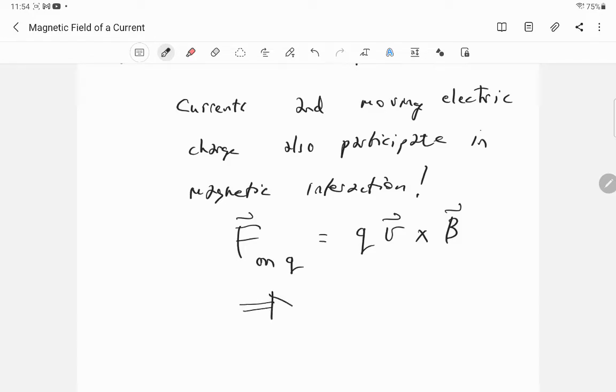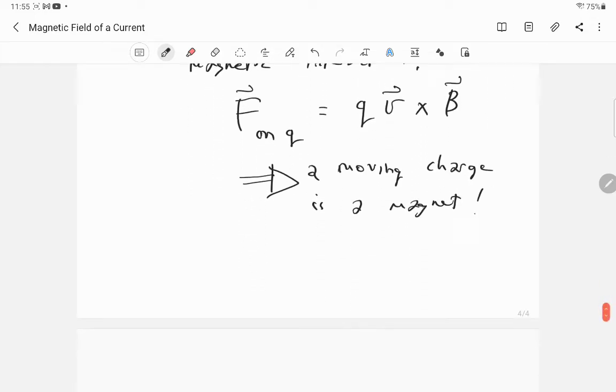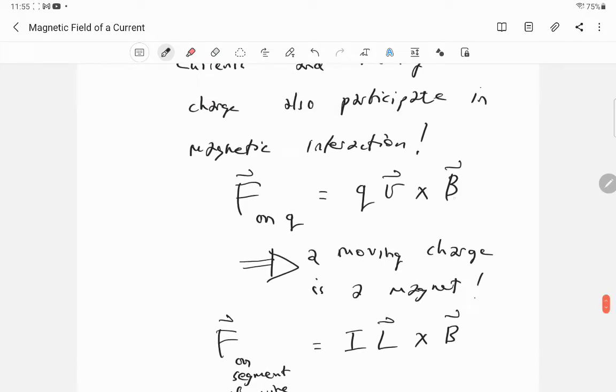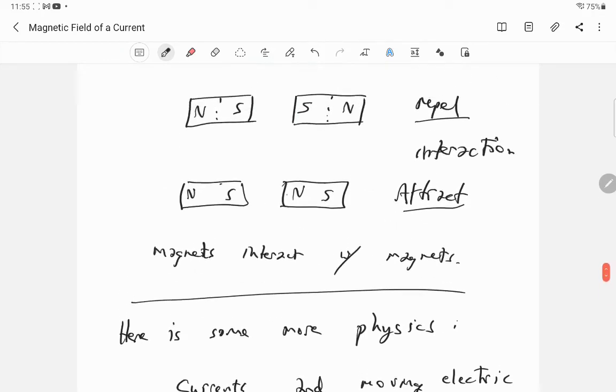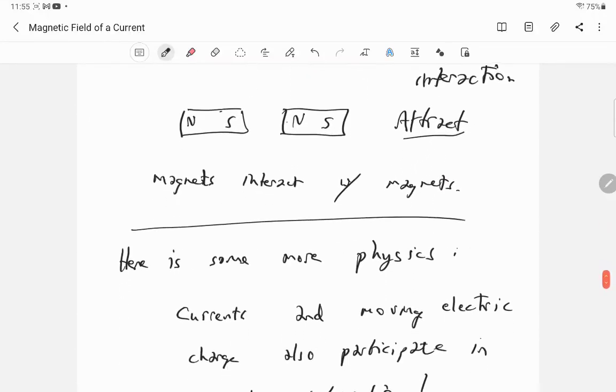What this means, though, is moving charge is a magnet. So a moving charge is a magnet. We also have this other force law. The force on a segment of wire is equal to I L cross B. So the source of the magnetic field could be one of these bar magnets or this horseshoe magnet, right?